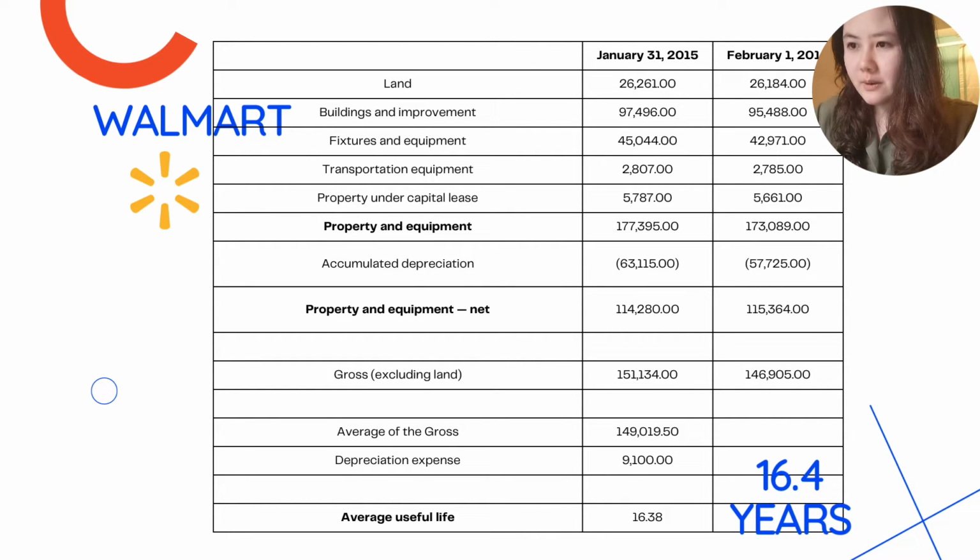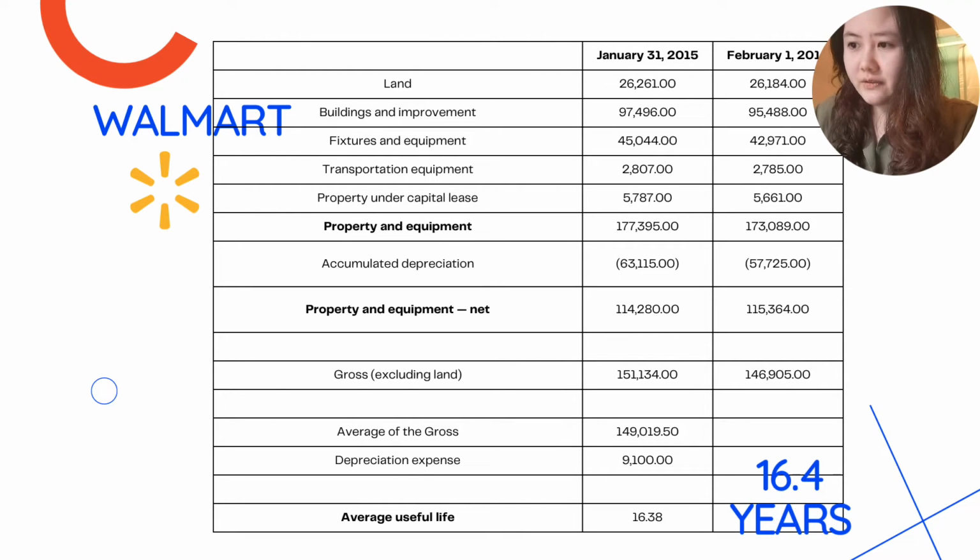So if we take the gross value of property and equipment, which is $177,000 and change, and we subtract the $26,261, that will give us a gross excluding land of $151,134 for 2015, and we'll do the same with 2014 to exclude land.